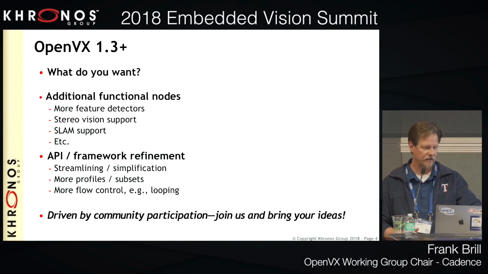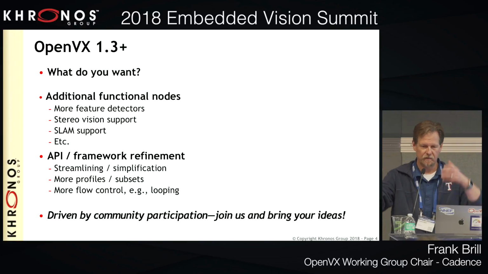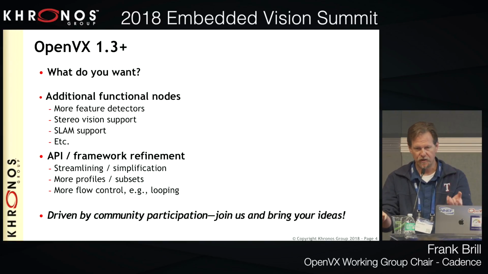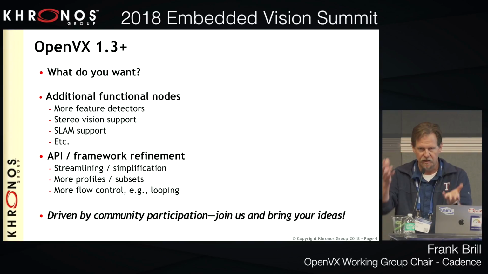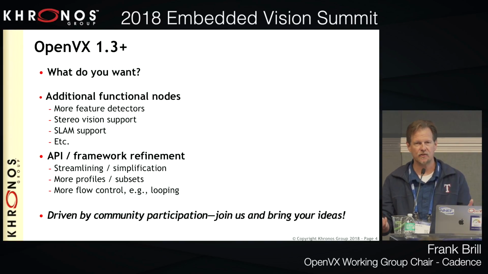And I guess I've talked about the profiles and subsets. Flow control is another one where we've introduced flow control with conditional execution. So if you have maybe two parts of the graph, depending on what you compute at the beginning, you can decide which of those subgraphs you want to actually execute, and the other one you just wouldn't.